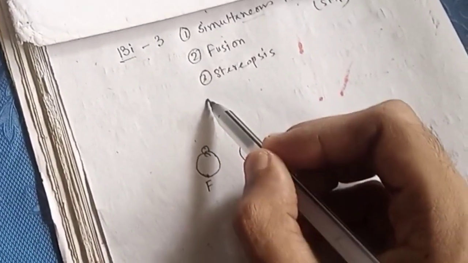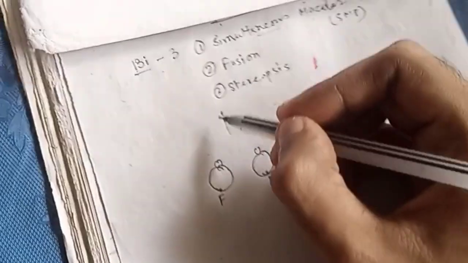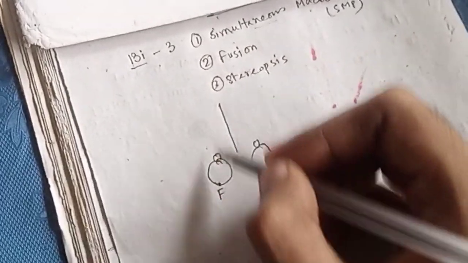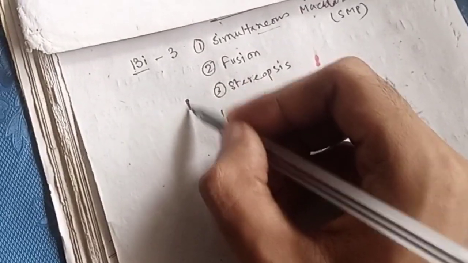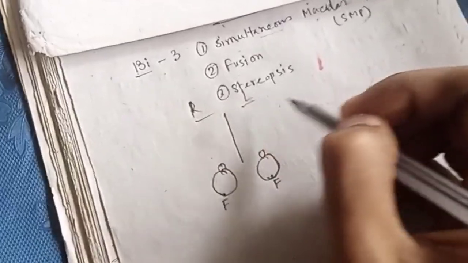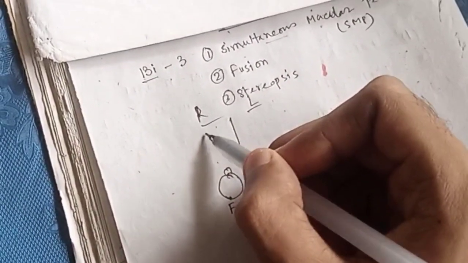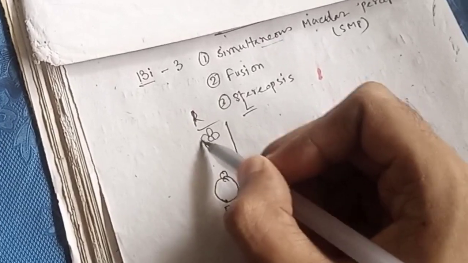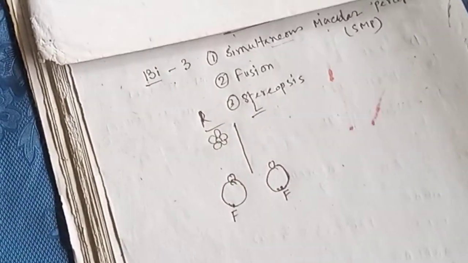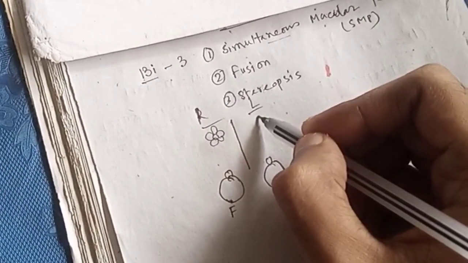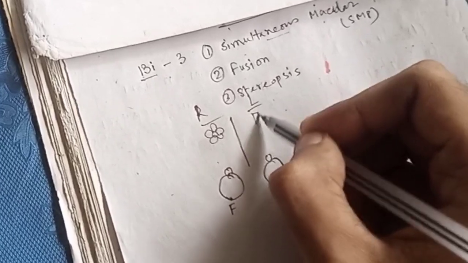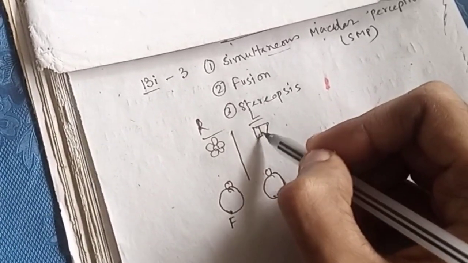Now imagine there is a septum, a divider. This is the right eye and this is the left eye. Suppose an object like a flower is present here, and on the left side an object like a book is present.